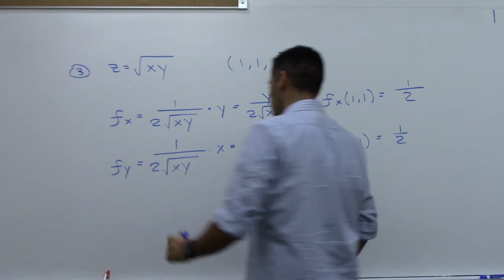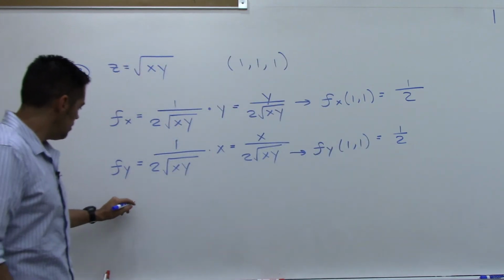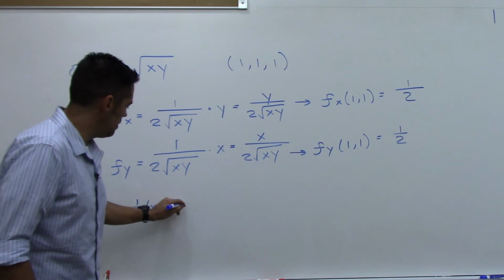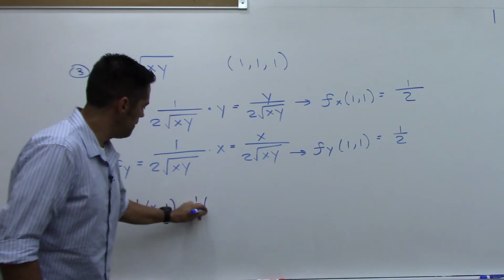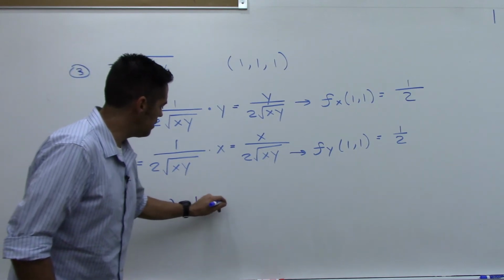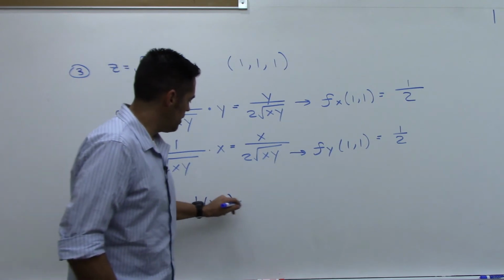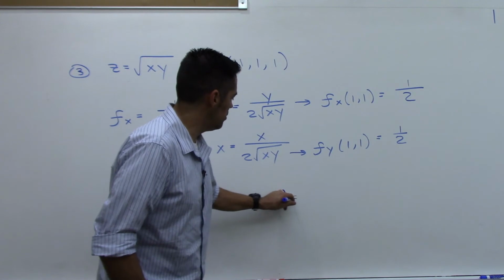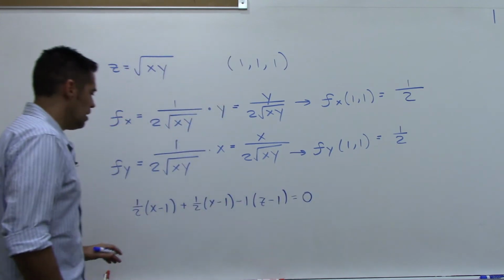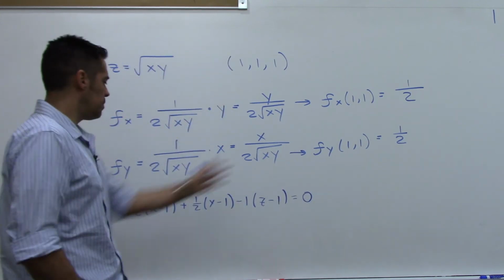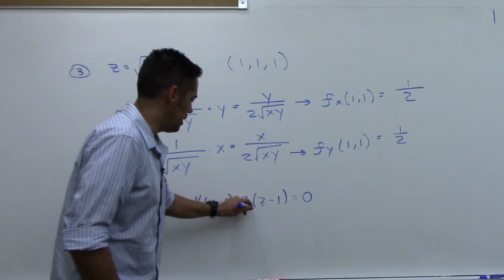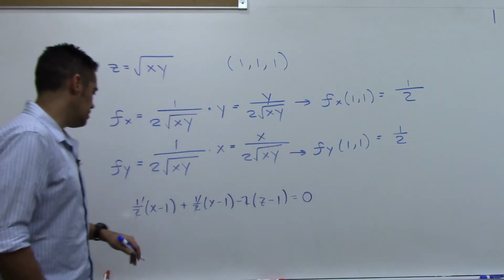So now I just write my formula. So it's 1/2 (x minus x naught) plus 1/2 (y minus y naught) minus 1 (z minus z naught) equals 0. Let me multiply everything by 2. That'll make that a 1, that'll make that a 1, that'll make that a negative 2. On the other side, the 0 is gone.